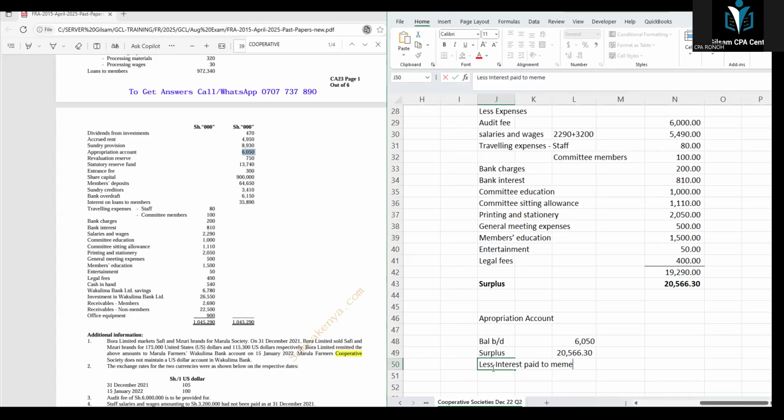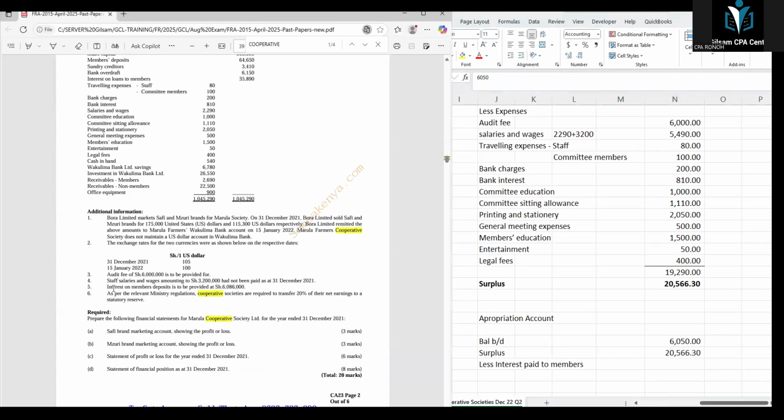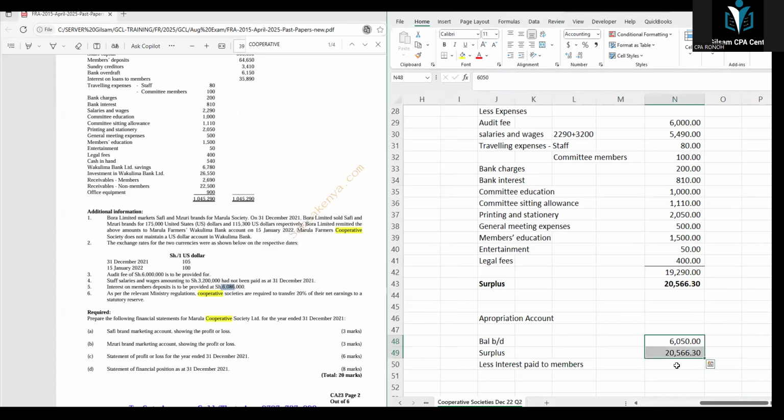I think we can take this to this. We have been told as per note number 5 that interest on members' deposit is to be provided at 60.86. So we will subtract that.